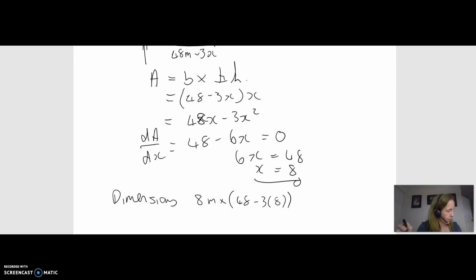So 48 minus 24 is 24, so 8 by 24 meters, and that gives me an area of 192 meters squared.